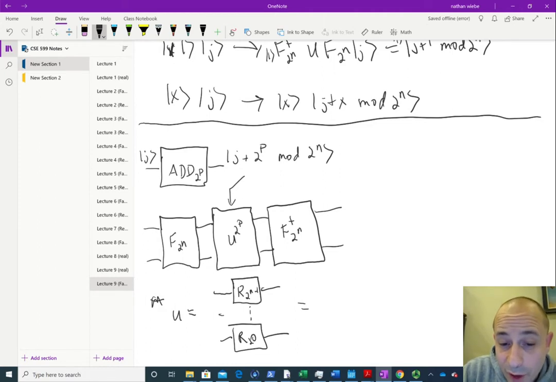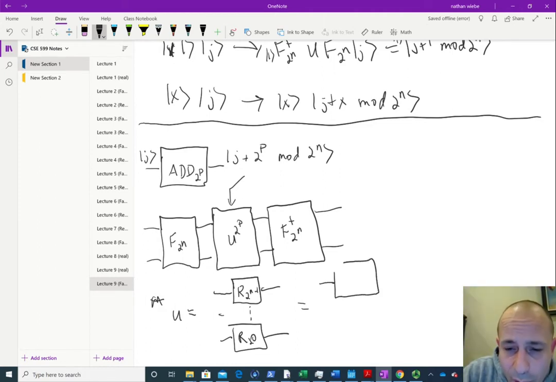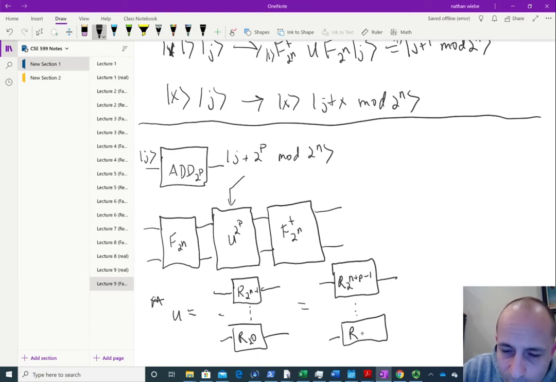Because these are all products, we can actually just replace this all with R 2 to the n plus p minus 1 going all the way down to R 2 to the 0 plus p, or equivalently, just 2 to the p.